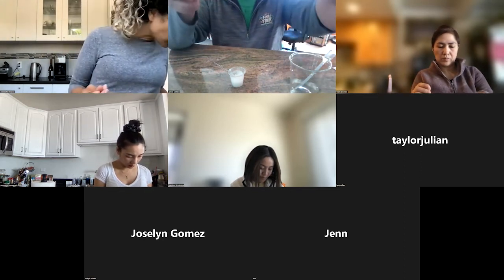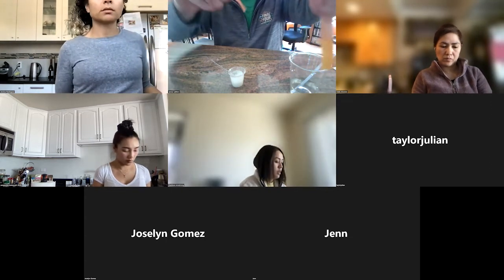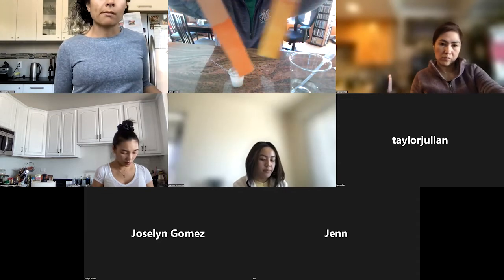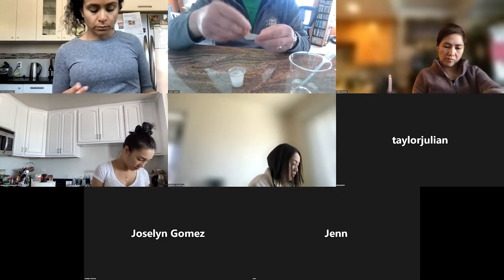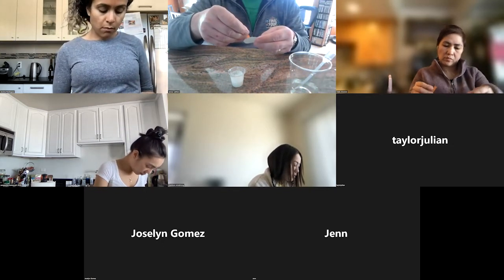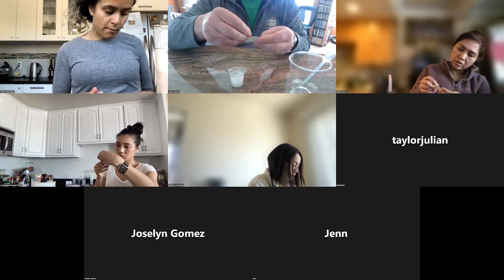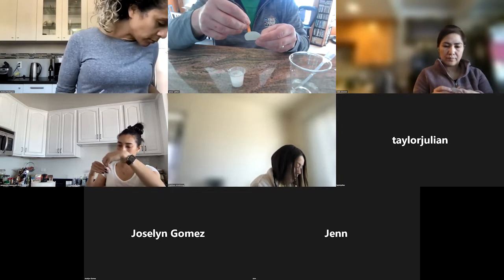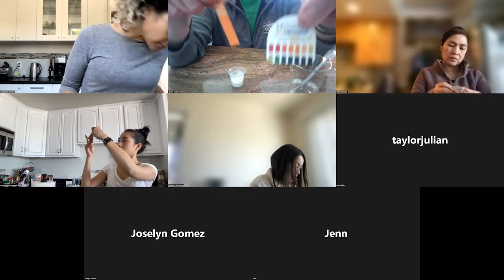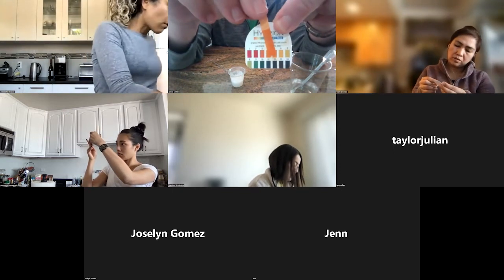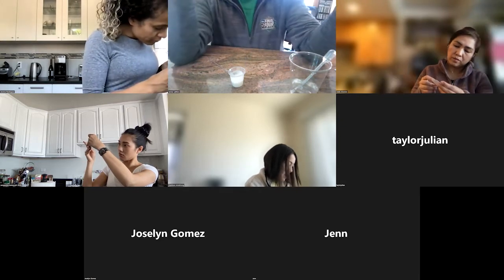So here's the original pH of the milk, and here's what it is now. So it's definitely more acidic. Let's see by how much. It looks like I'm up to about pH 4, probably closest to pH 4, maybe even 3.5 or so.